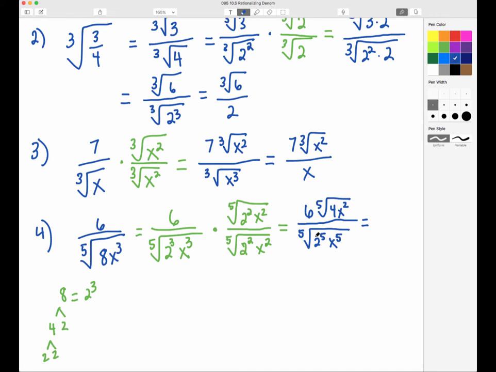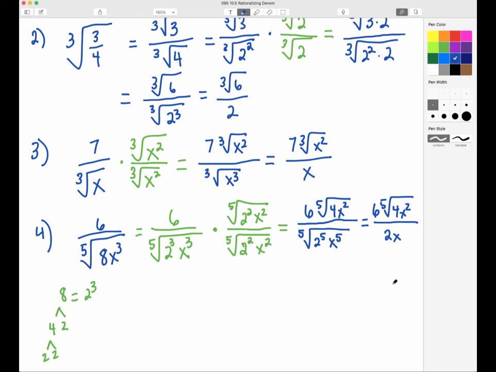Now we see our 5th powers and our 5th root, so we're going to get to cancel out to get just the base. So our last step, 6 times the 5th root of 4x squared all over 2x.